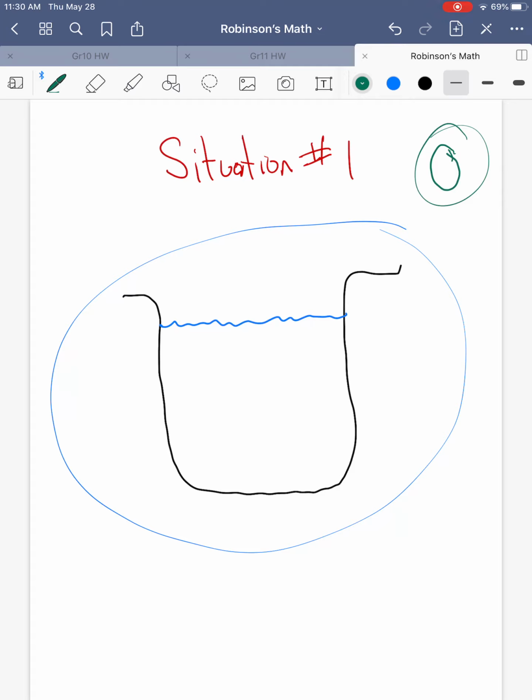But if I were to drop a hard-boiled egg in fresh water, the egg would sink down to the bottom. Now, this is an example of negative buoyancy. Okay, this is negative buoyancy. It goes down when the object goes down. When the object of mass in the fluid goes down.